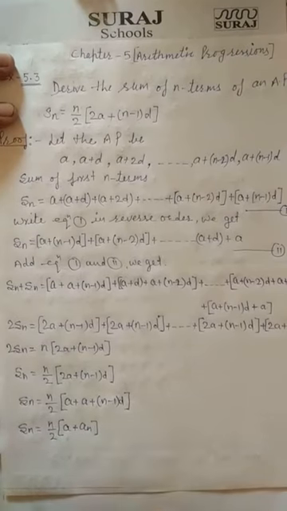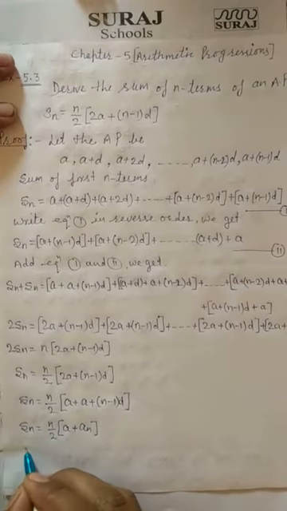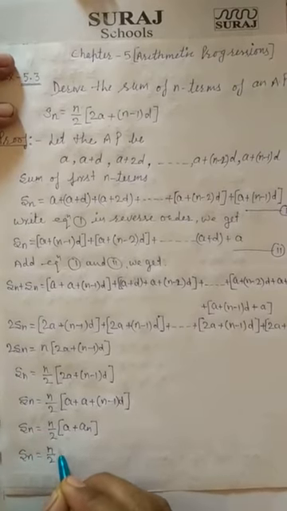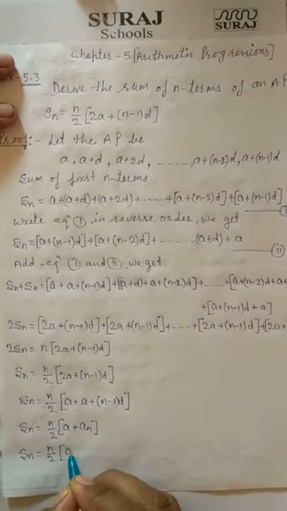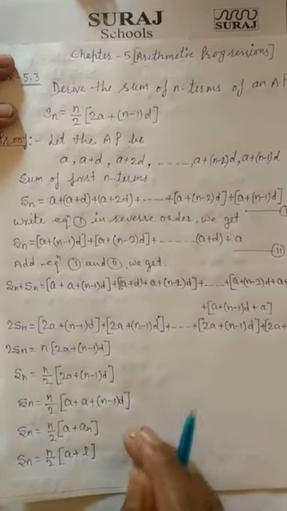And in our next, Sn is equal to n upon 2 in bracket a plus l. A plus l.